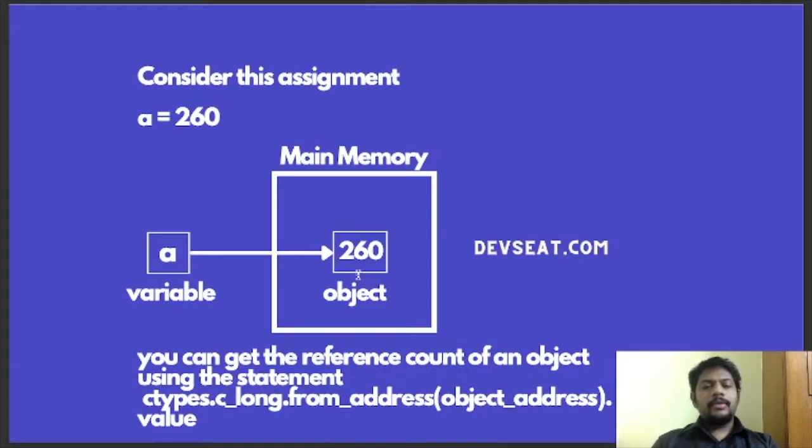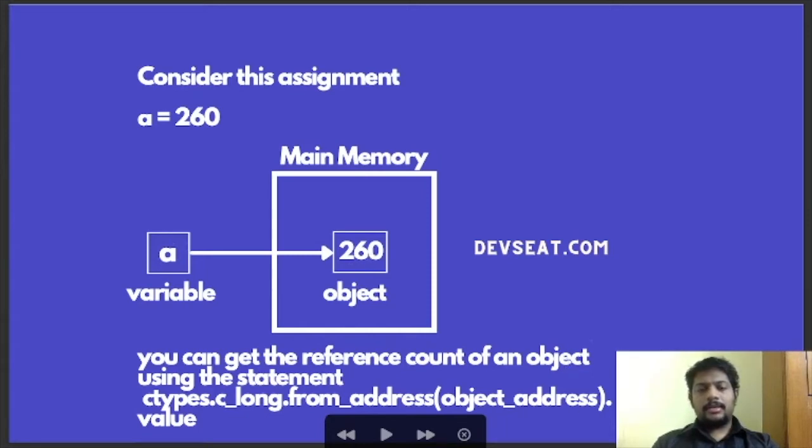You can get the reference count of an object using this particular statement. You need to import a module called ctypes, and from that you can take c_long, and from there you can call the method from_address. When you say id of A, you will get the address of this particular object.